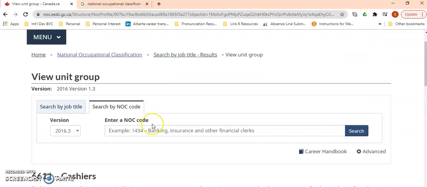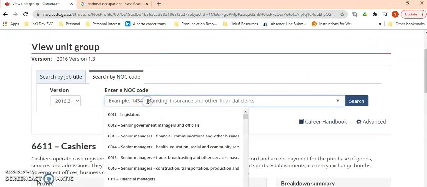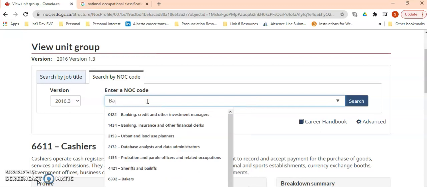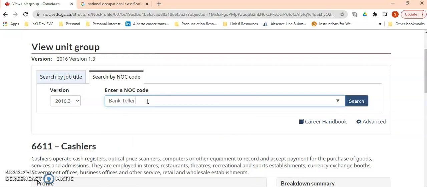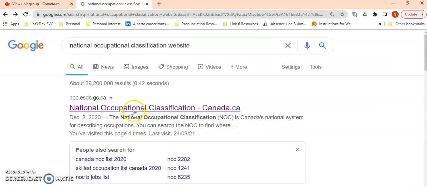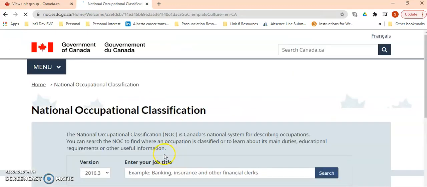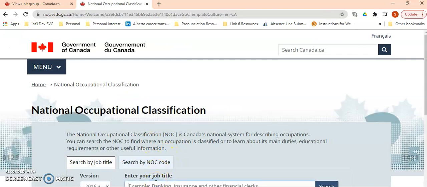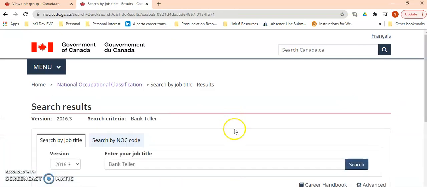So I hope this was helpful. You can search anything. You could search for an accountant. You could also search for, imagine you were a bank teller. Maybe you were an accountant in your home country, but right now you want to be a bank teller. I might have to go into a different page here. There we go. So let's search up bank teller. Okay, here we are.